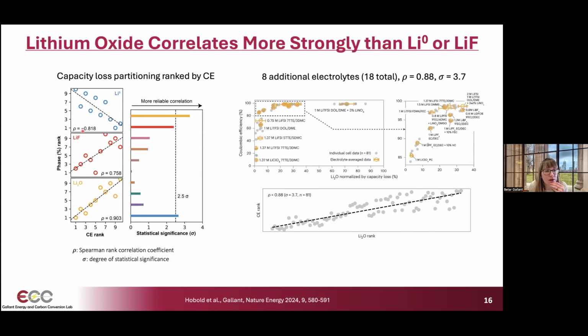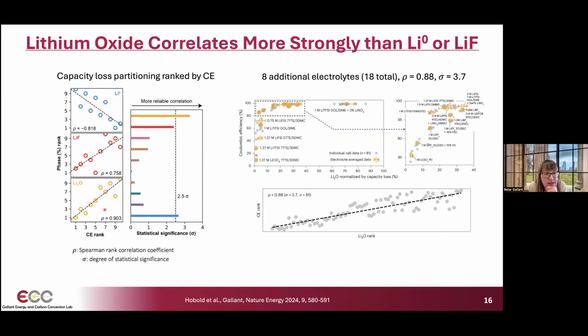So the Spearman rank correlation coefficient ranges from -1 if it's a perfectly anti-correlated relationship to +1 if it's perfectly correlated. So we indeed see an anti-correlation or a negative correlation between Coulombic efficiency and dead lithium, as we would expect. And we indeed also see a positive correlation between lithium fluoride content in the SEI and Coulombic efficiency.